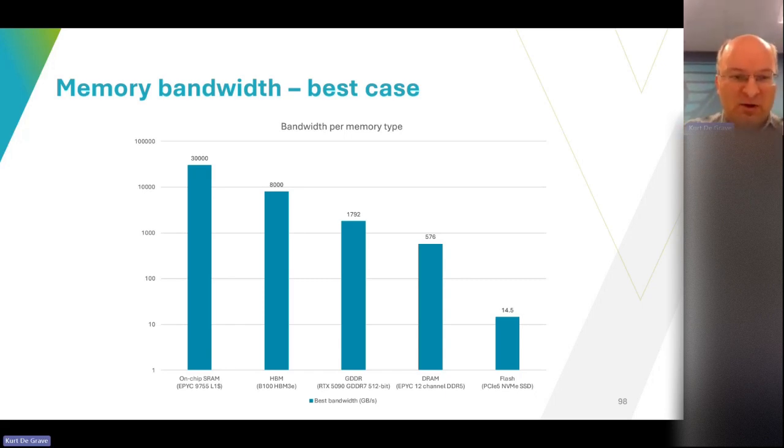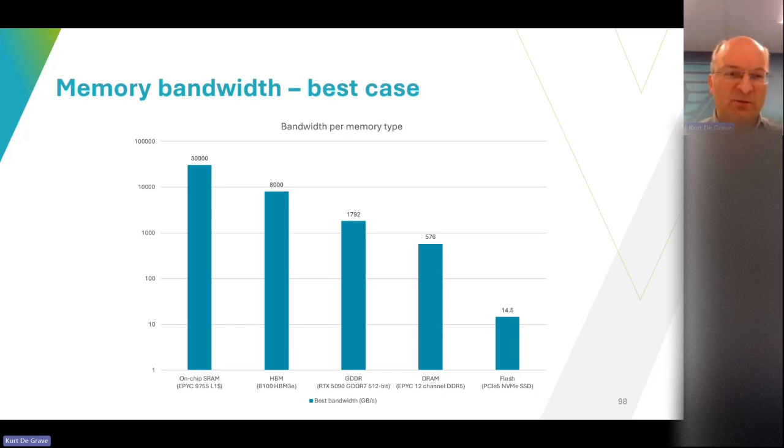And this is sort of a best case of how much bandwidth you can get on a device. So if you have on-chip memory, so SRAM memory, then you get a very large amount of bandwidth. So if you can have your data there, then you're set. Then there is something called high bandwidth memory, which is basically DRAM memory with a lot of pins that are mounted very close to the compute chip.